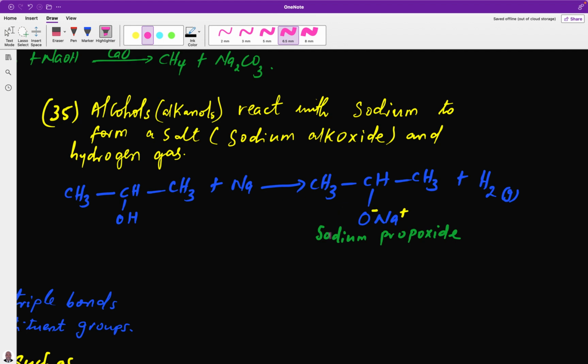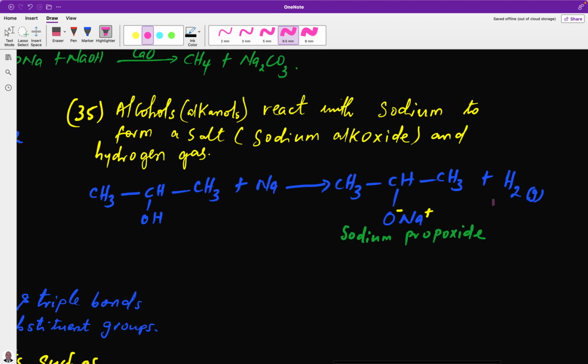There is what we call sodium propoxide. It's propoxide because it is from propanol. If it was 2 carbons, we would have said sodium ethoxide. But since it is from 3 carbon propanol, we are saying it is sodium propoxide, plus hydrogen gas that is being released.